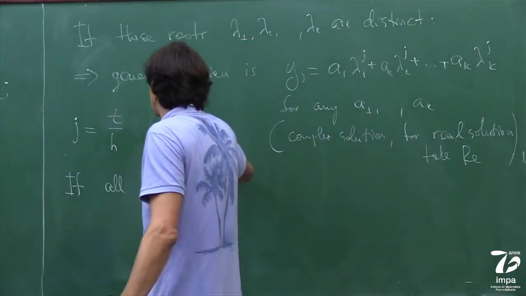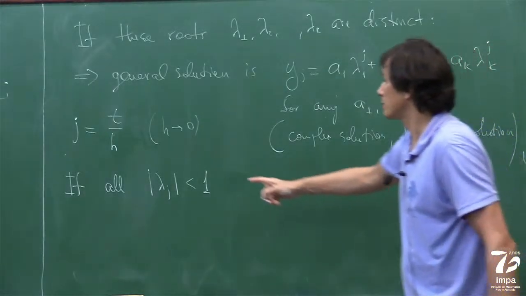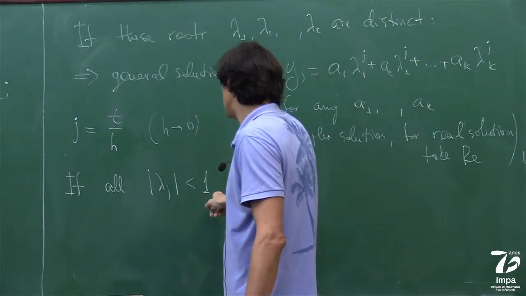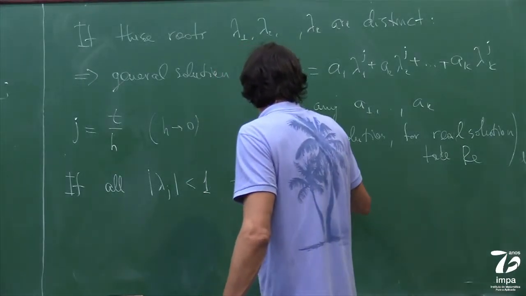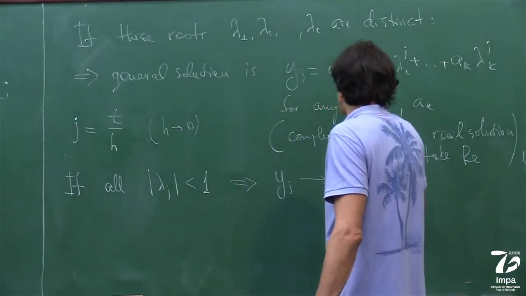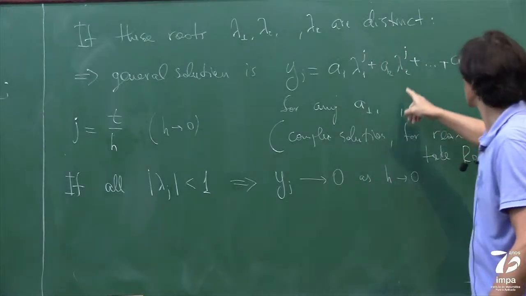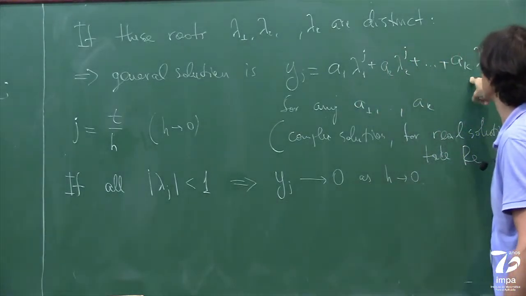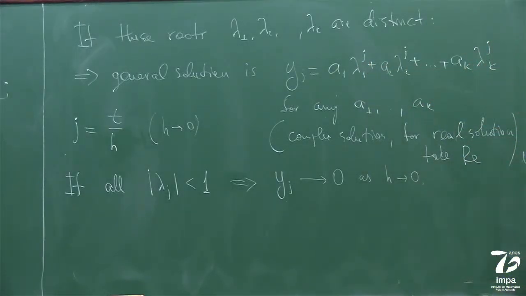And usually we want h smaller and smaller, so j goes to infinity. So in this case y_j goes to 0 as h goes to 0, because j is increasing, doesn't matter what the coefficients are.